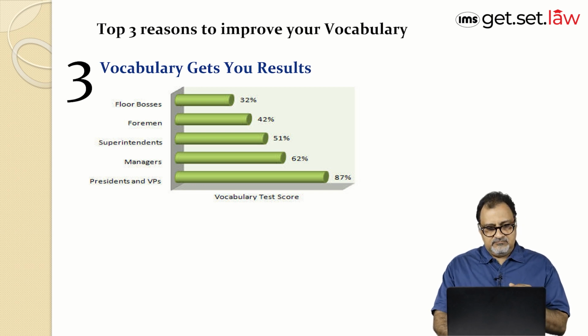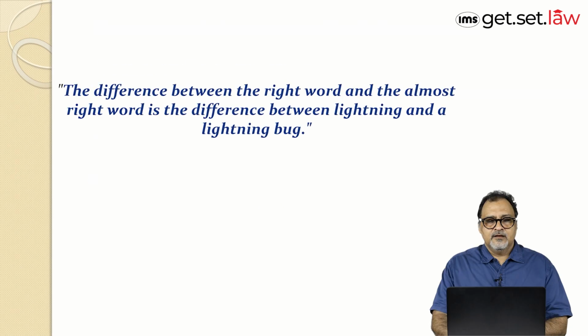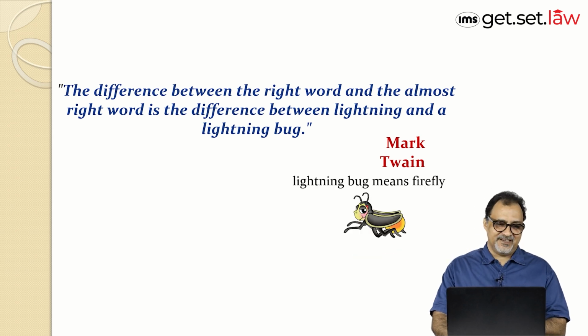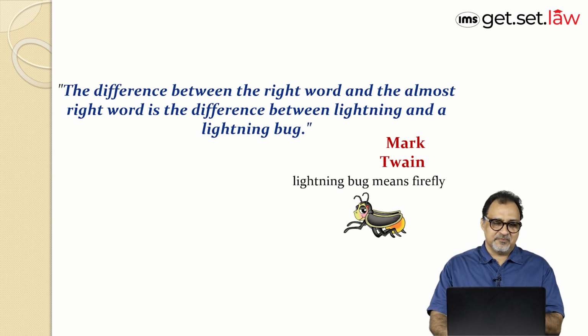So as you go up the hierarchy, you will find people have better vocabulary. The difference between the right word and almost the right word is the difference between lightning and a lightning bug. And this was Mark Twain, the master of such humorous quotes. The lightning bug, of course, is a firefly.